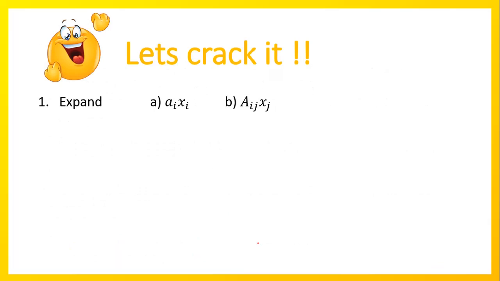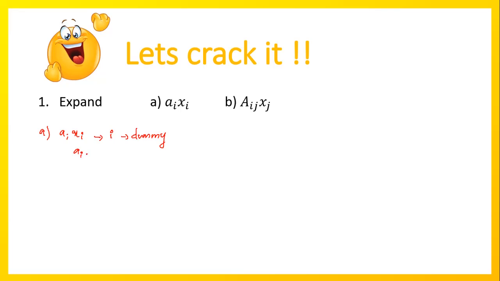Now, let's do this. This is a simple example of how we can apply this. Using the first, we have AIXI. As I have said, when you encounter a term like this, you have to find the dummy index and the free index. Here, I appears twice. Therefore, I is a dummy index. And there are no other indices which appear once, therefore we do not have a free index.